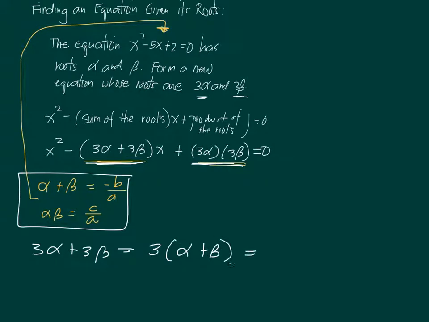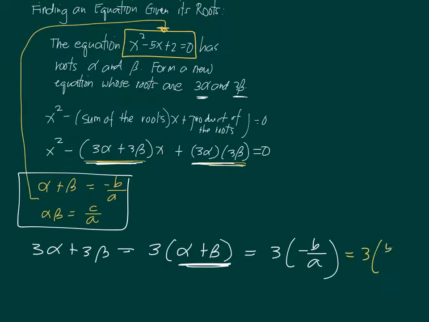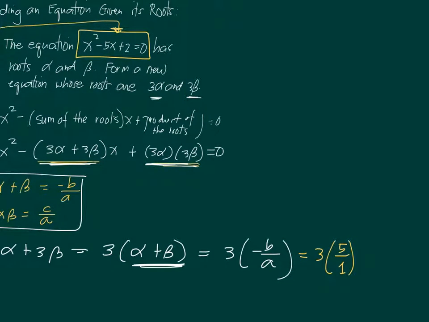We should be able to find alpha plus beta because that is the negative b over a of the other equation. So negative b over a is negative of negative 5, which is basically 5, and a is 1. So 3 times 5 over 1 is equal to 15. So 3 alpha plus 3 beta is basically 15.